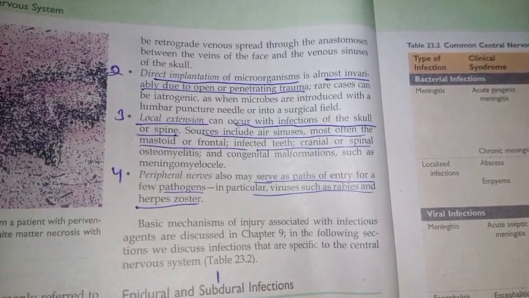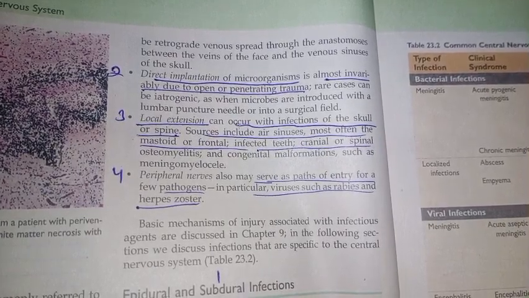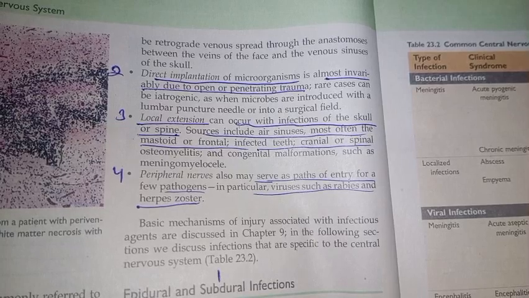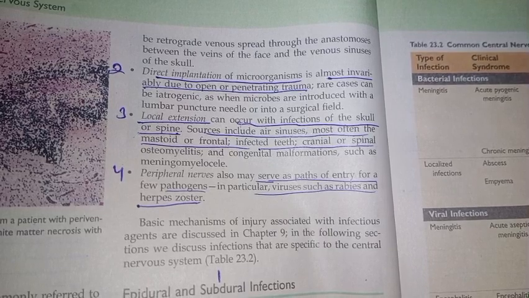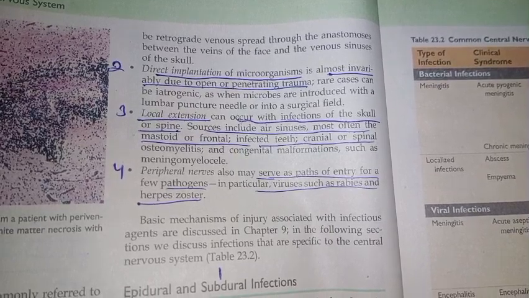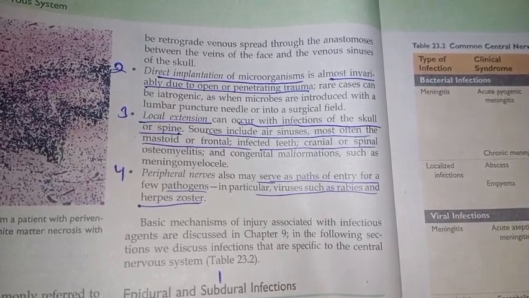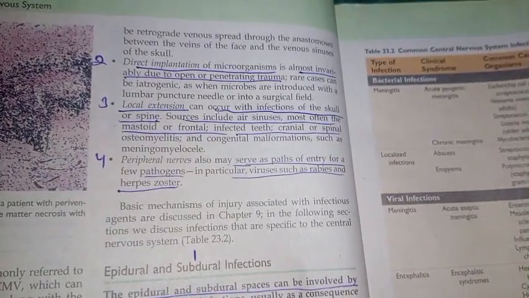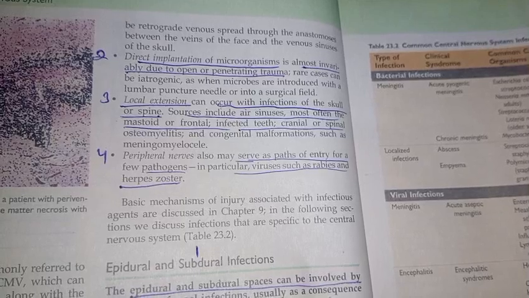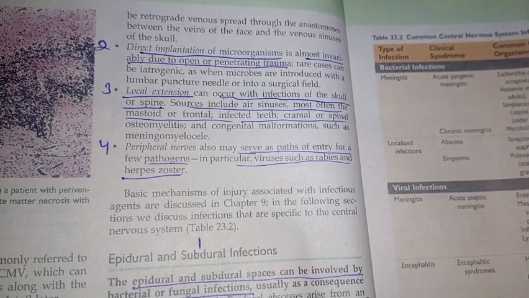Sources include ear sinuses, most often mastoid or frontal, infected teeth, cranial or spinal osteomyelitis, and congenital malformations such as meningomyelocele. Peripheral nerves also may serve as a path of entry for a few pathogens.